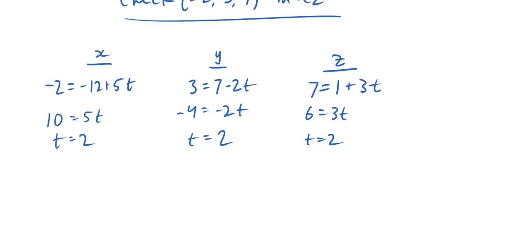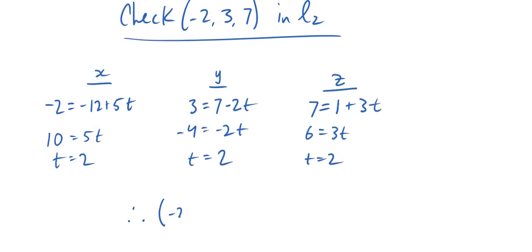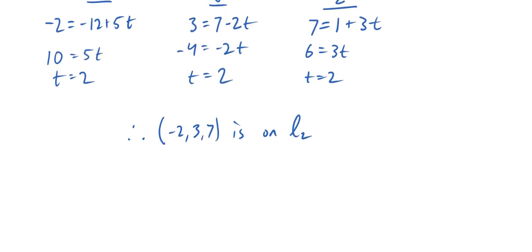So t is consistent. Therefore, my point, -2, 3, 7, is on L2. That's what I was checking, so it's true. Therefore, the lines are coincident.